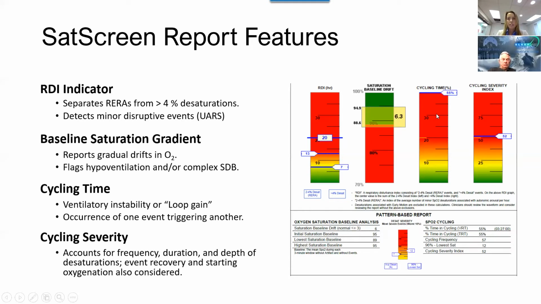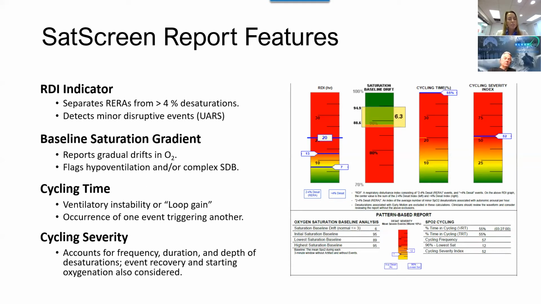So the cycling time and cycling severity, those are indications of the ventilatory instability. Cycling time just tells us how unstable the patient's respiratory or ventilation was during the night. It's an occurrence of one event typically triggering another, or just an inability to breathe.